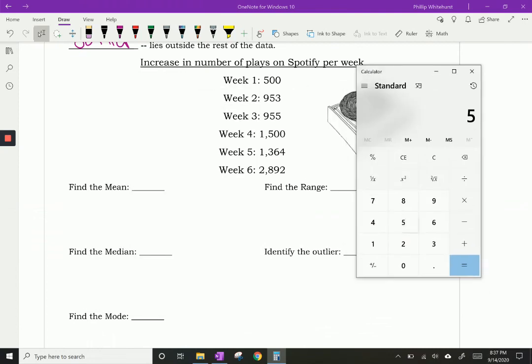So we're going to do 500 plus 953 plus 955 plus 1500. We add them all up, we get 8164.